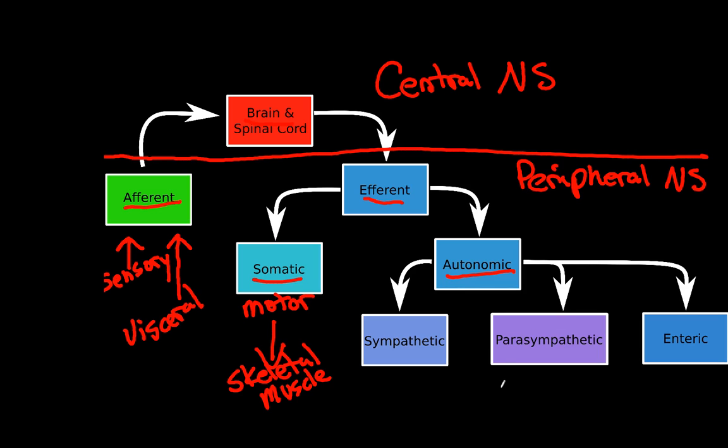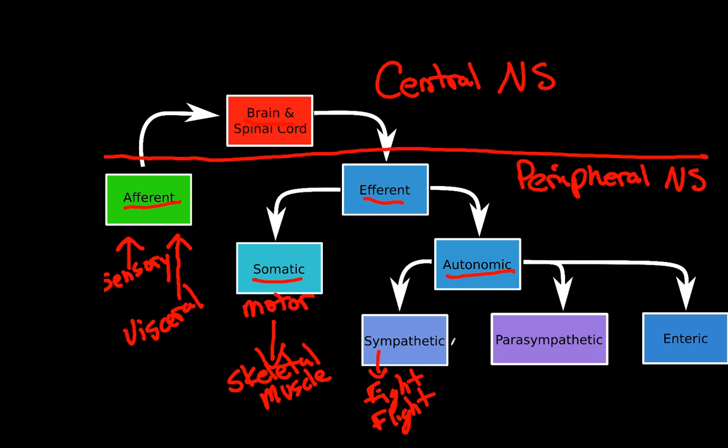Inside there, we have three different divisions of the autonomic nervous system. We have the sympathetic nervous system, which tends to mediate fight or flight responses, the responses you need to mobilize if you need to get a lot of work out of your body. Running away from a bear, playing a football game, playing a volleyball game, other things that require a lot of energy and a high level of activity from your body all at once.